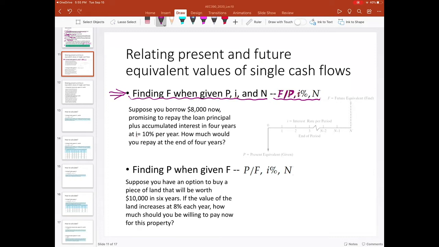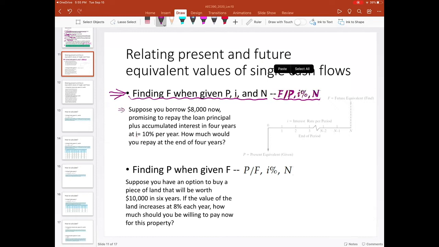Given P, the present value, comma, given I, the interest rate, comma, given N, the number of interest periods. That's how you can simplify this scenario, okay? Just try to learn how to write this simplification term.